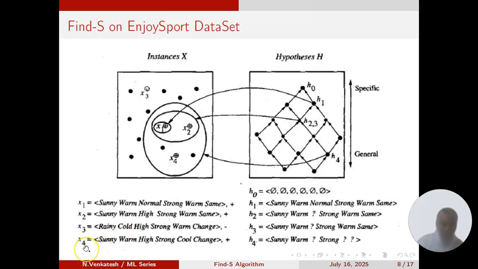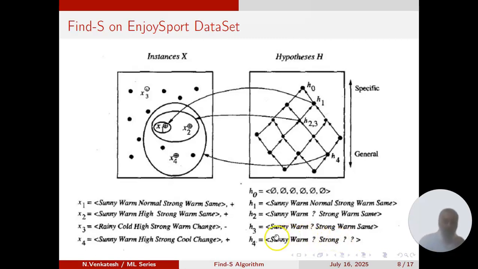That means as per x4, even when the water condition is cool and the forecast is change, he enjoys a water sport. That can be represented in a hypothesis by having a question mark here. So we get a hypothesis: sunny, warm, question mark, strong, question mark, question mark.